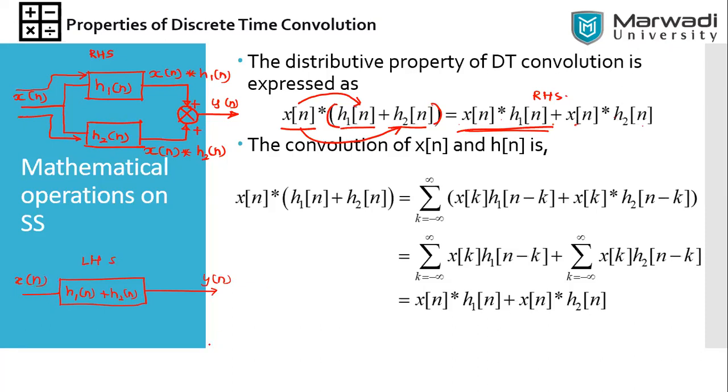Okay. This is left hand side. This one. Okay. It means that in time domain, the output is always calculated as the convolution of input and impulse response of the system.